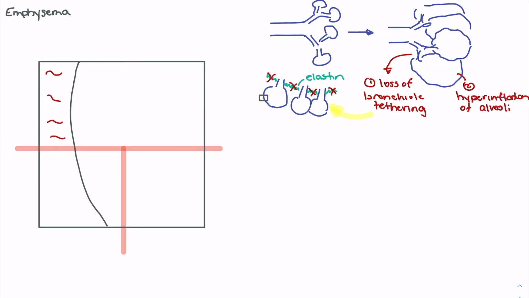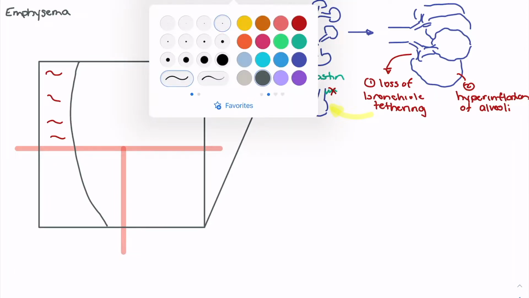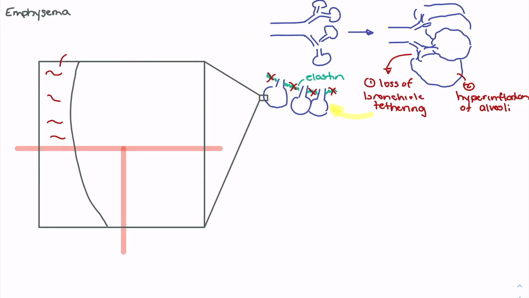So we're looking at a cross section of this piece of tissue here. In a normal alveolus, what we see is lots of elastin. This again is what's giving our alveoli the ability to expand, but also to contract. So the elastin is important for recoil of our alveoli.